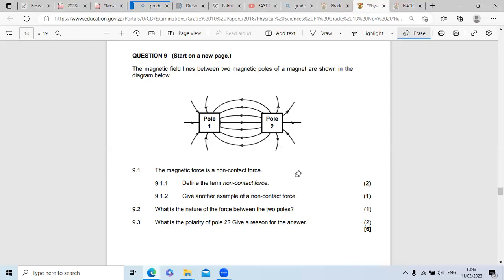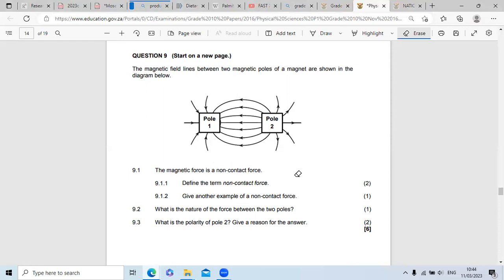You can see the magnetic field lines indicate that the field travels from pole 2 to pole 1, meaning pole 2 must be the north pole and pole 1 must be the south pole. Or you can just say pole 2 (north) and pole 1 (south). Obviously, they know that the magnetic field travels from north to south.